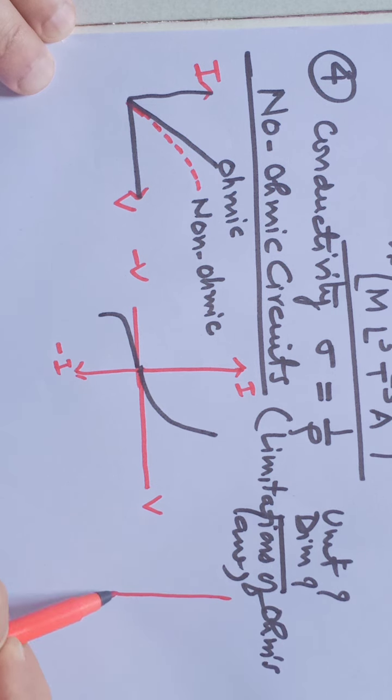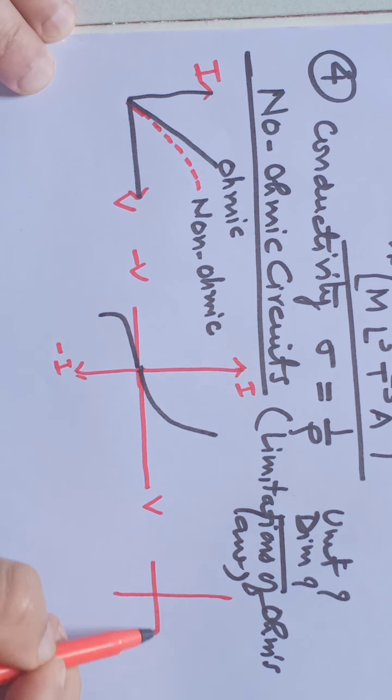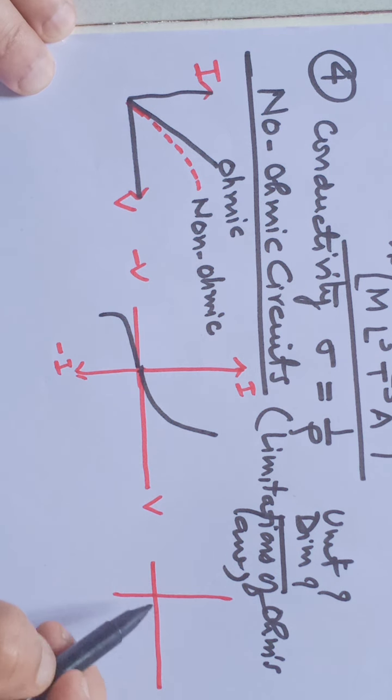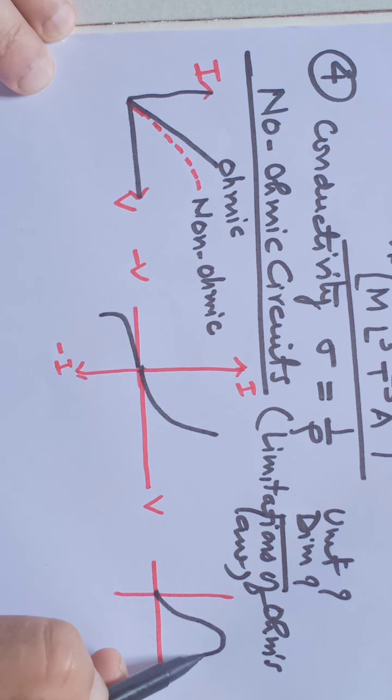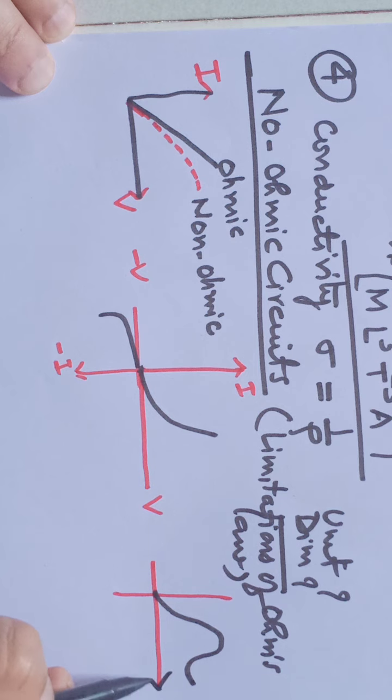The graph may be like that, voltage versus current. So these are examples of non-ohmic graphs.